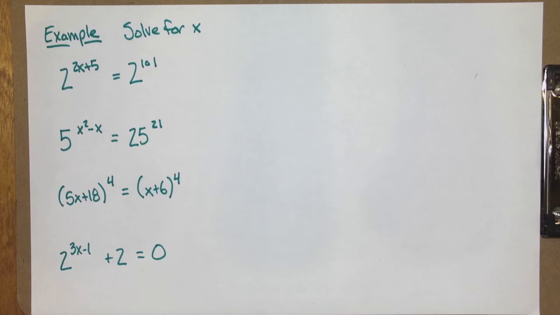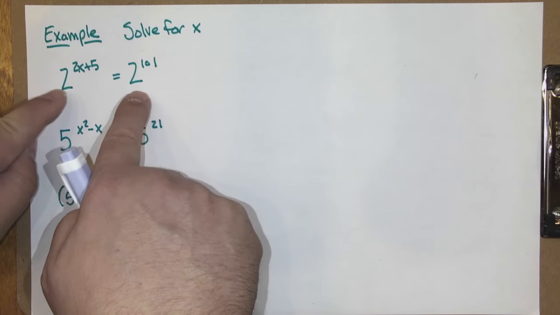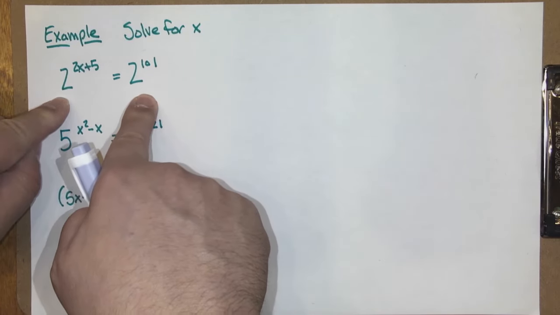Solve for x. So there's a couple of things. These are multiple problems. The first one, 2 to the power 2x plus 5 is equal to 2 to the power 101. What do we do? Yeah, the 2's downstairs match.